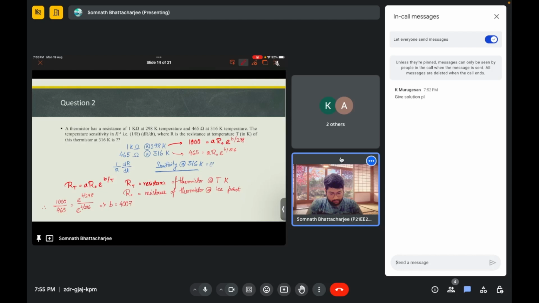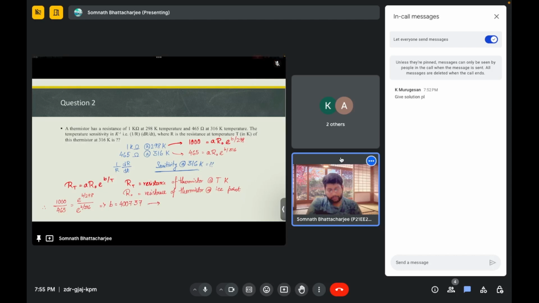So what will be the value of this? Sorry. Anybody trying to solve this?